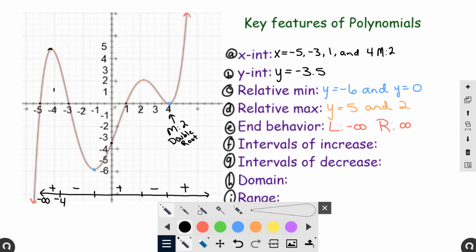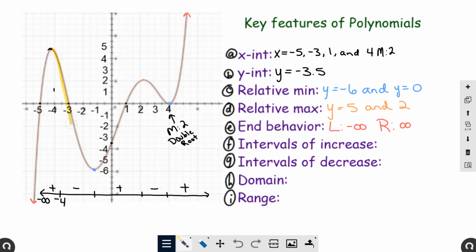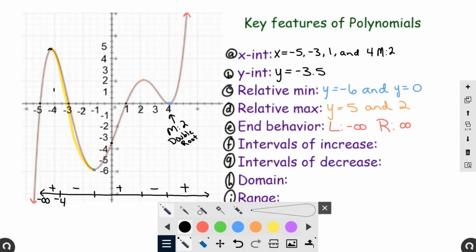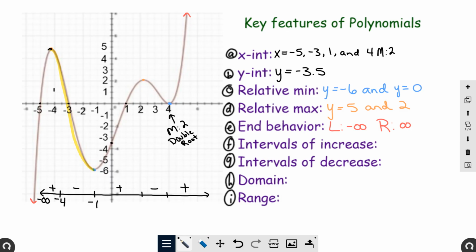Then my graph, and if you like highlighters, this might be good to highlight. My graph decreases in this range to here. But what's that x value where it decreases to? -1. Okay, that will work. Then my graph is increasing to this point, what's that x value? Good.